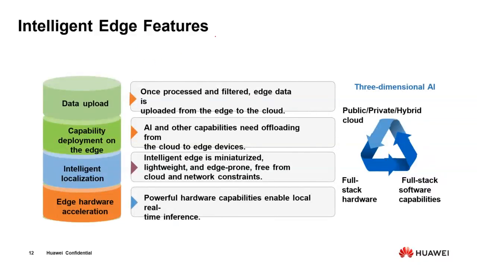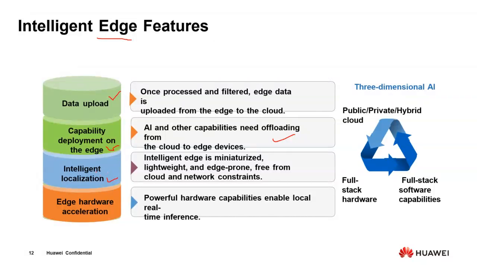Now, what are the features of edge computing technology? Data upload faster. Capability development on the edge, because it uses some AI capabilities and stuff like that. And also uploading from the cloud to the edge services. So this is another very important feature. Then that's what we call intelligent localization. It's sensitive to location, basically.